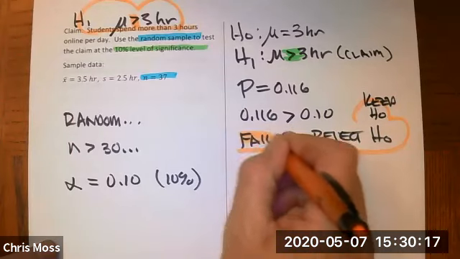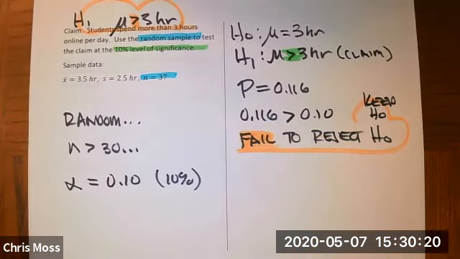If we were plotting a test statistic, it would not fall in the rejection region. So I must now address the initial claim. The initial claim was that the mean was greater than 3 hours.